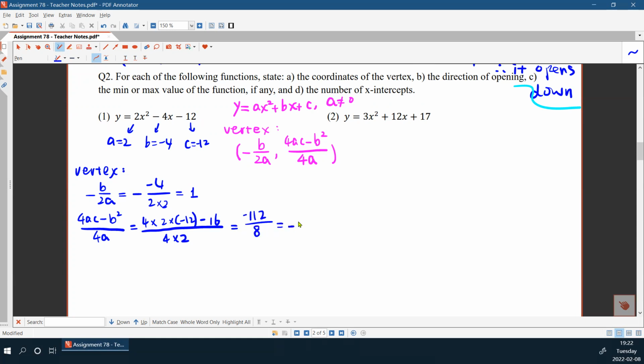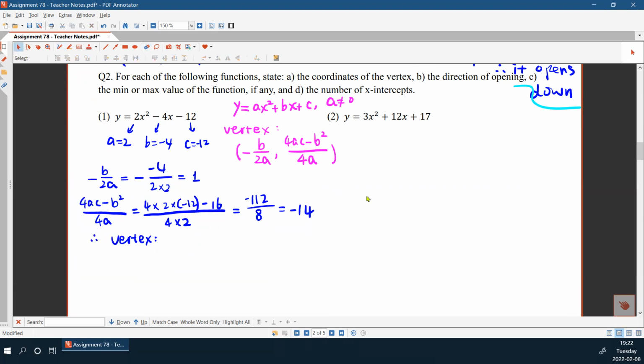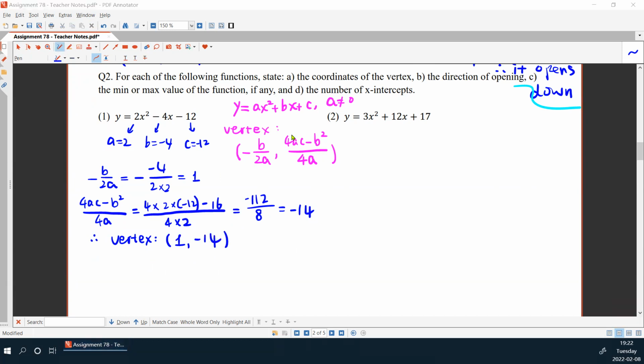Which is -14. All right, so the vertex has coordinates of 1, -14. All right, that answers the first question, coordinates of vertex.